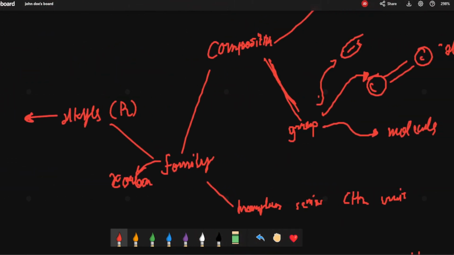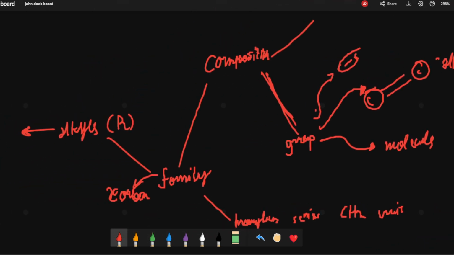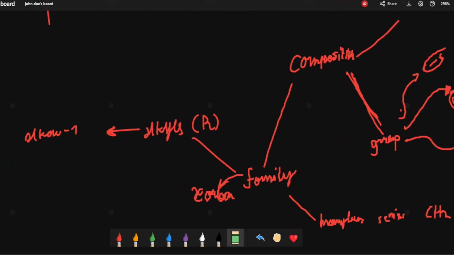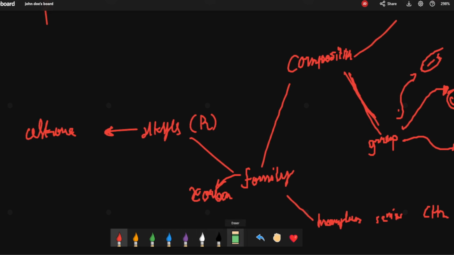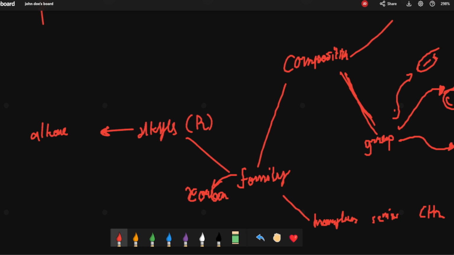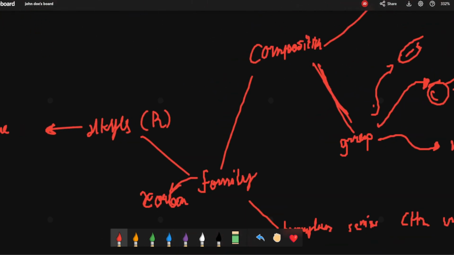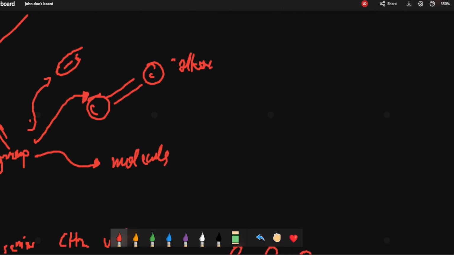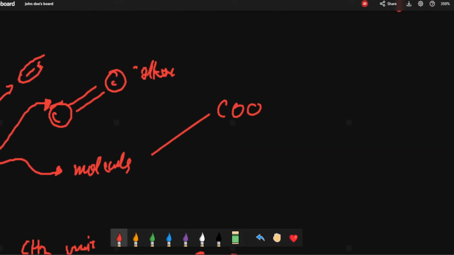But alkyls are a bit weird. They have the symbol R. Now, for molecules, we have a few to name to start with.